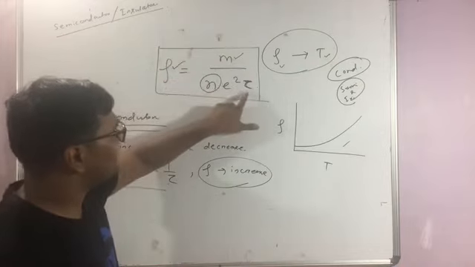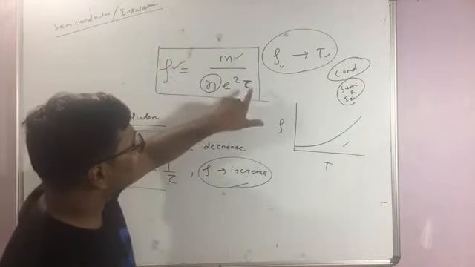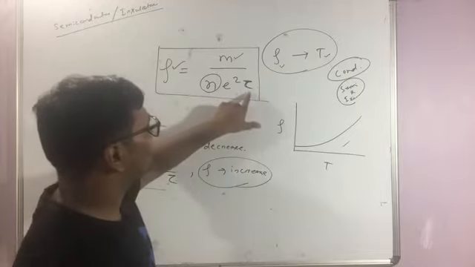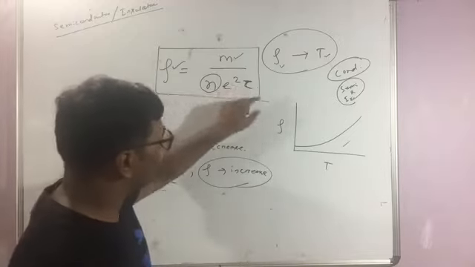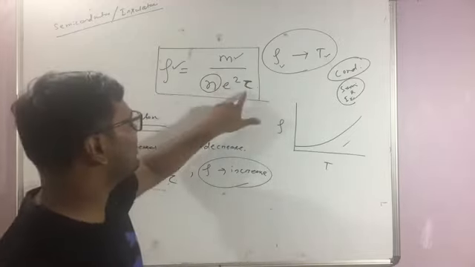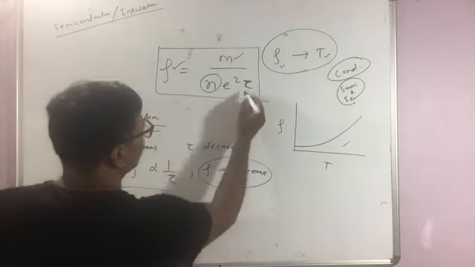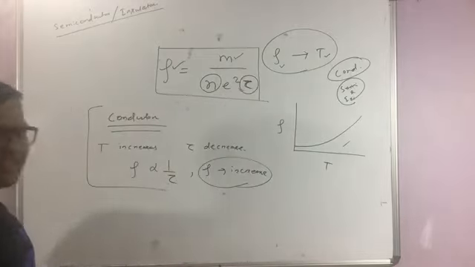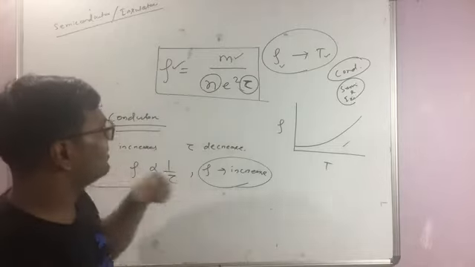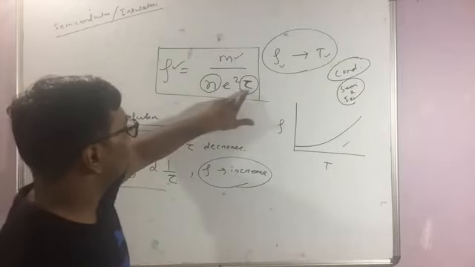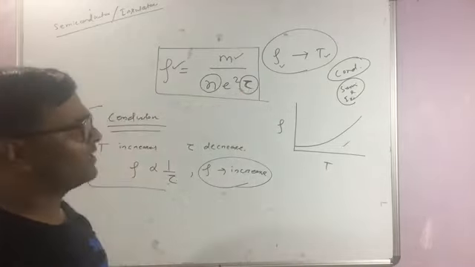The relaxation time does not get affected to that extent. It is affected, but by a very small amount. So here the relaxation time's effect cannot be considered. It won't change appreciably.